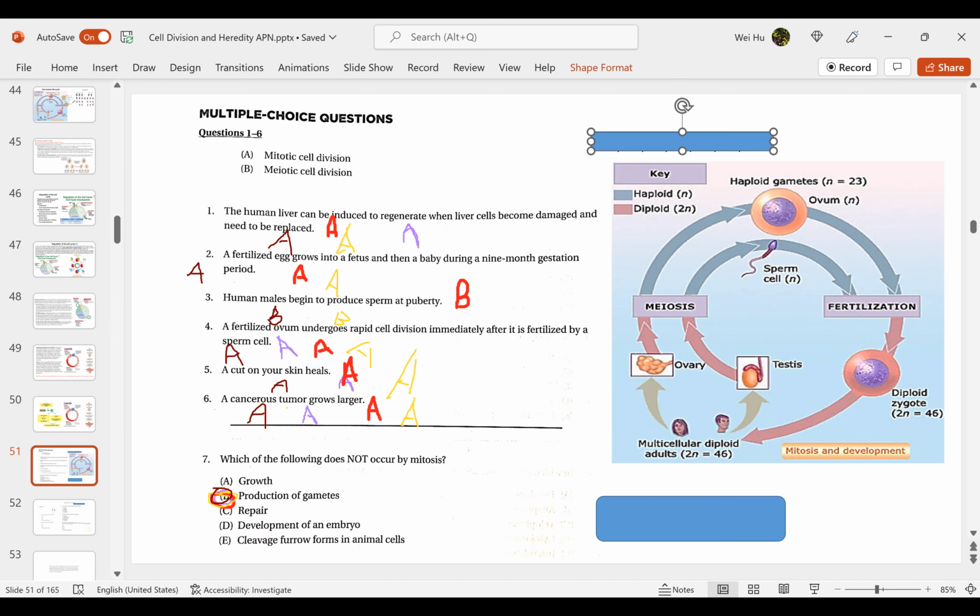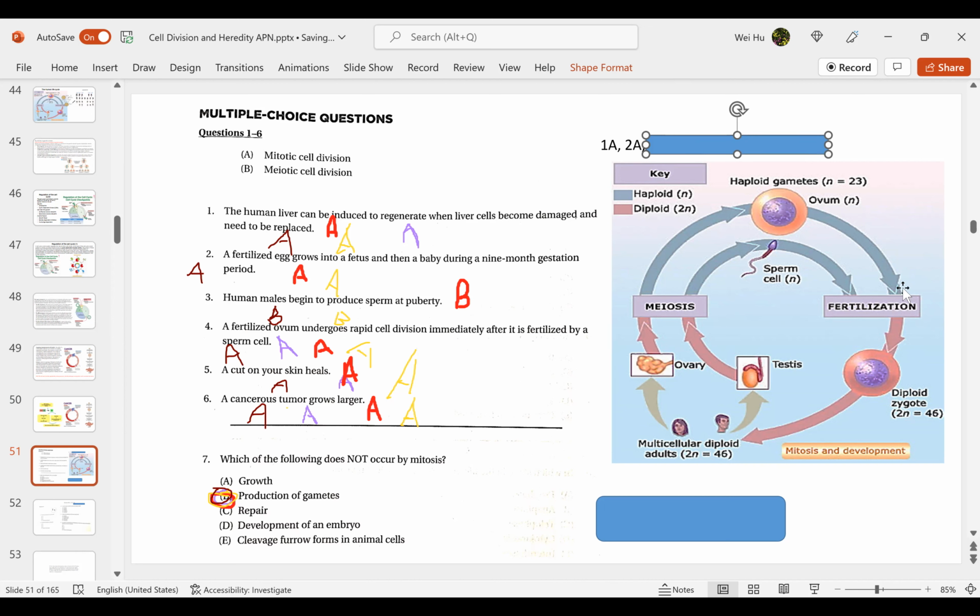Okay, so let's go through together, shall we? Let's start with number one. Good. Let's start number two. A fertilized egg here, correct? It's already been fertilized, so it's also A. If someone didn't answer, don't panic.